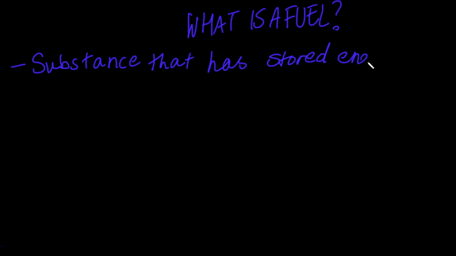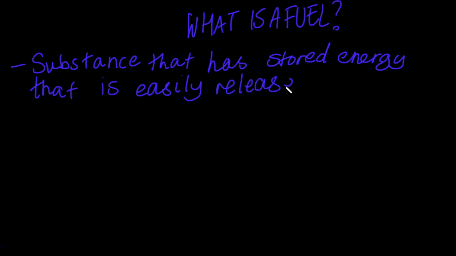And usually this energy is released in the form of heat, or it can be released as power to perform some sort of work. So it's easily released, and when we talk about this in the context of chemistry, this substance is going to have the stored energy in the form of chemical energy.